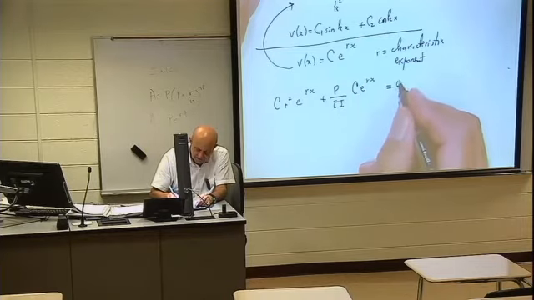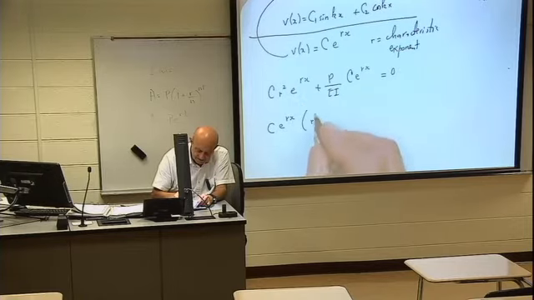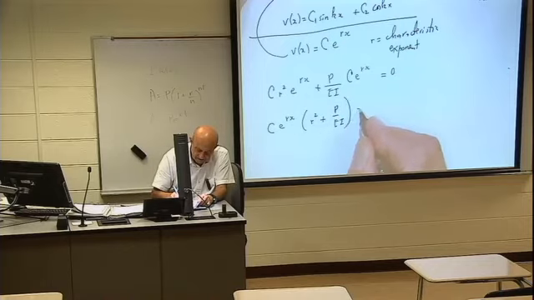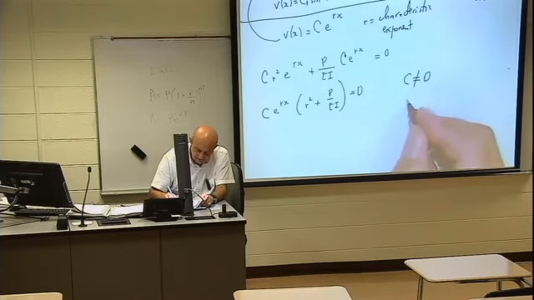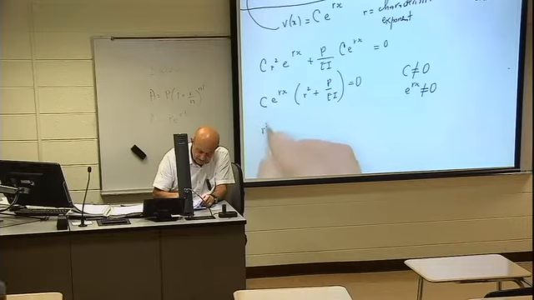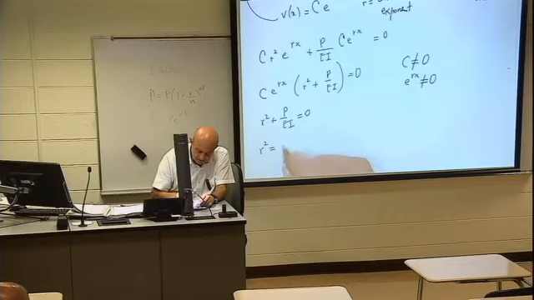This equals 0. Then I take c e in power rx outside parentheses, r squared plus p over EI equals 0. C is not 0. E in power rx is not 0. So then r squared plus p over EI is 0. So that means that r squared equals minus p over EI.